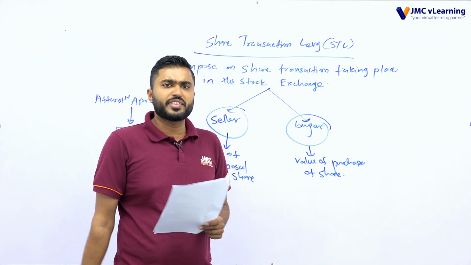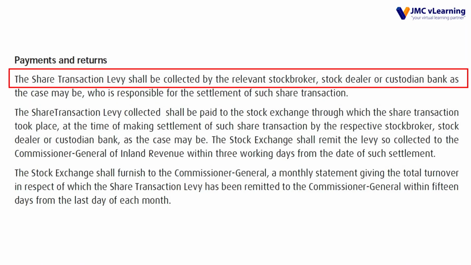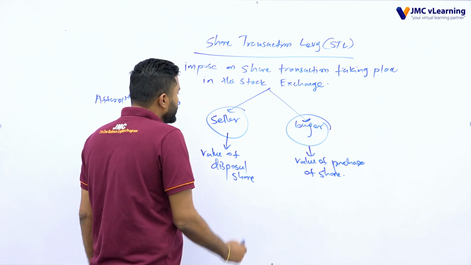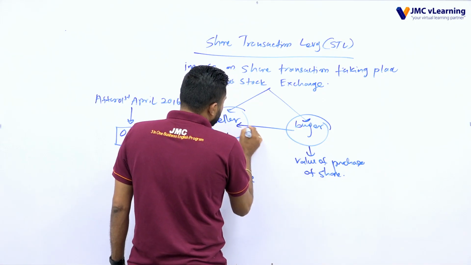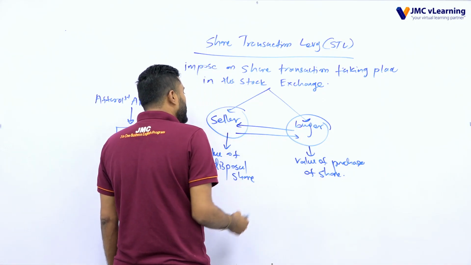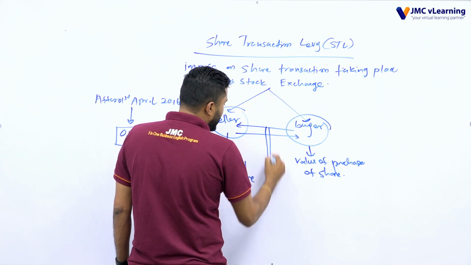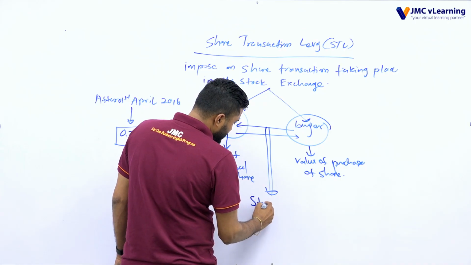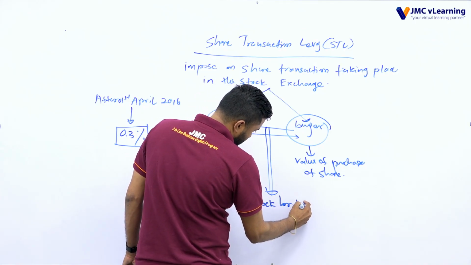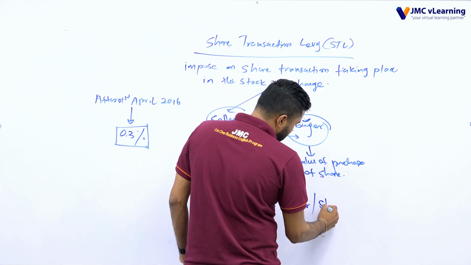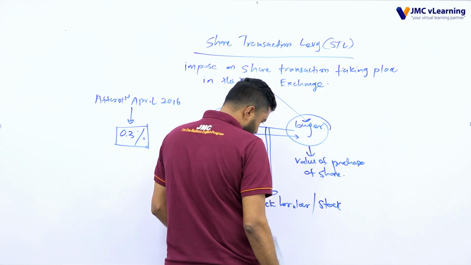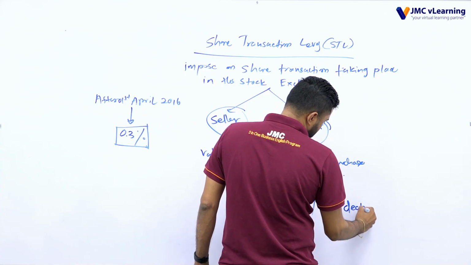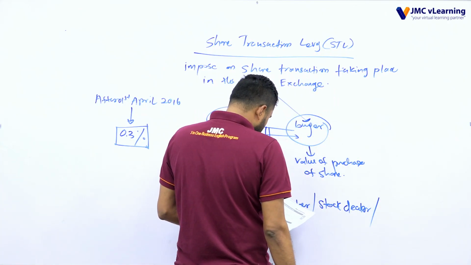Regarding the payment and return, the share transaction levy shall be collected by the relevant stakeholder, the stock dealer or custodian bank. My dear students, the meeting of the seller and buyer is facilitated by either a stock broker, a stock dealer or a custodian bank.